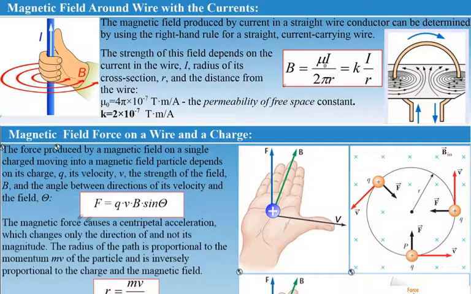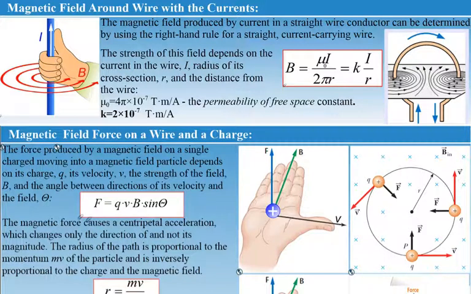If you want to calculate the strength of the magnetic field around the wire, you have to use a formula. B, the magnetic field, equals mu over 2 pi times I over R, where mu stands for the permeability of free space, which in vacuum is 4 pi times 10 to the negative 7, 2 pi is a constant, I is the current in the wire, and R in the denominator stands for the distance, how far away from the wire you are checking the magnetic field.